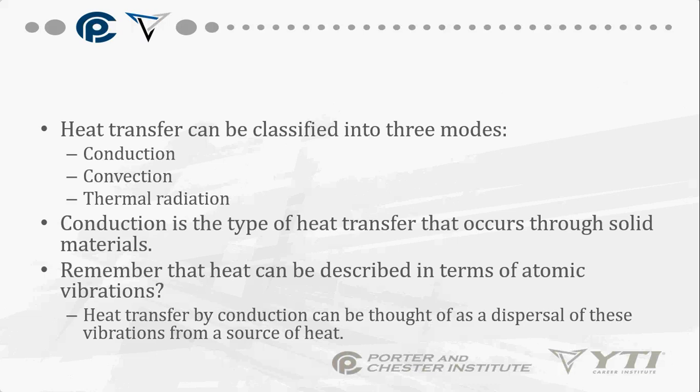Conduction is the type of heat transfer that occurs through solid material. Remember that heat can be described in terms of atomic vibrations. So heat transfer by conduction can be thought of as a dispersal of these vibrations from the heat source. So on a boiler, where is conduction taking place?